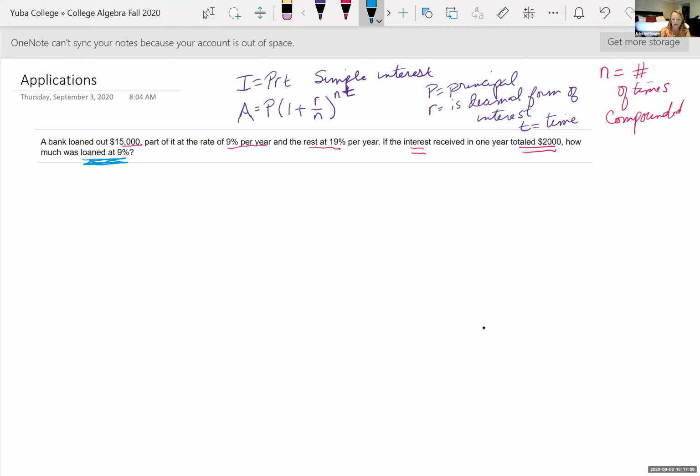Okay, so maybe we can let X equal the amount that was loaned at 9%.